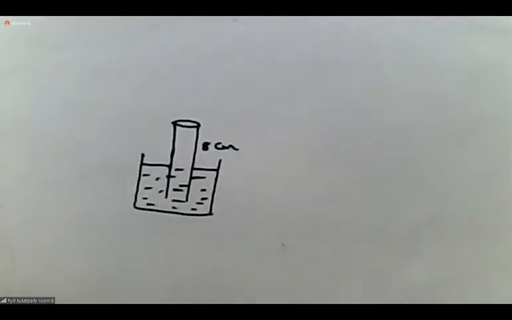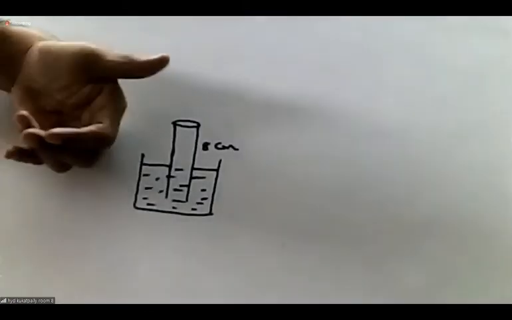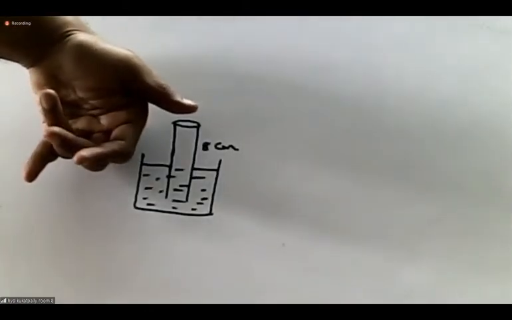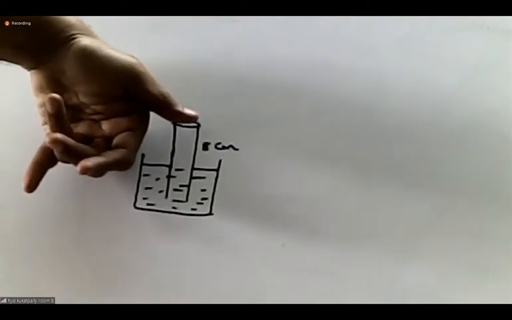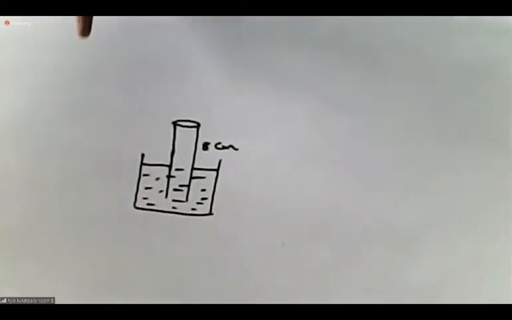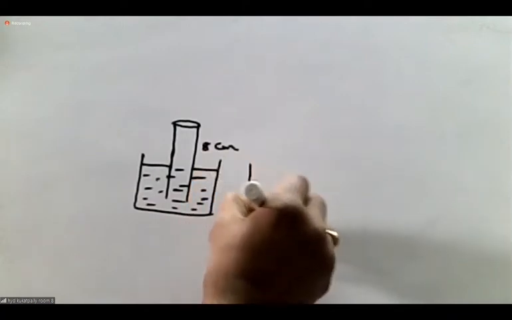Now, close the open end with your thumb. Put your thumb here, like this. Close it and lift it up. Keep closing, lift it up. How much should I lift?